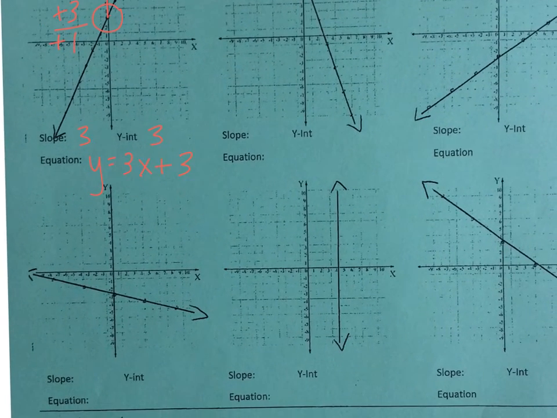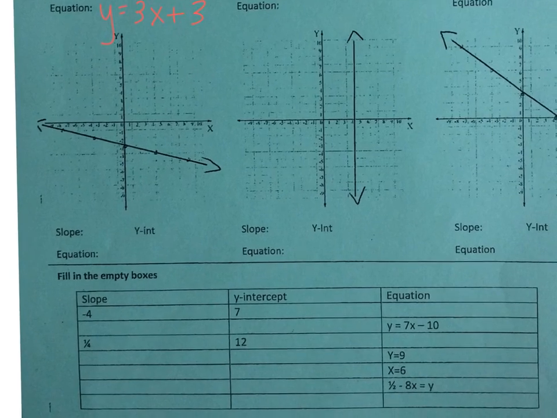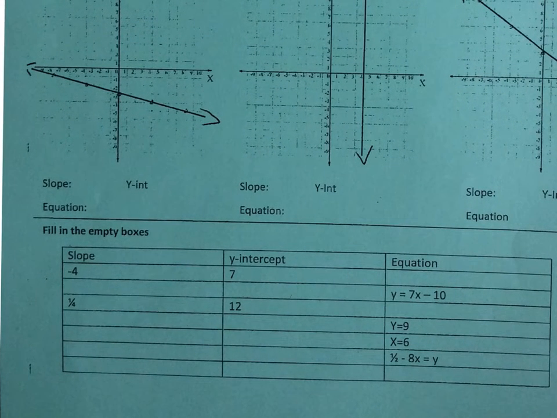We also have down here, you're going to be filling in some empty boxes. So for these, you're going to figure out what are the elements that are missing from these equations. So the first one, we have the slope is -4, the y-intercept is 7, and so our equation is y equals -4x plus 7. Then for some, you have the equation and you have to work backwards.